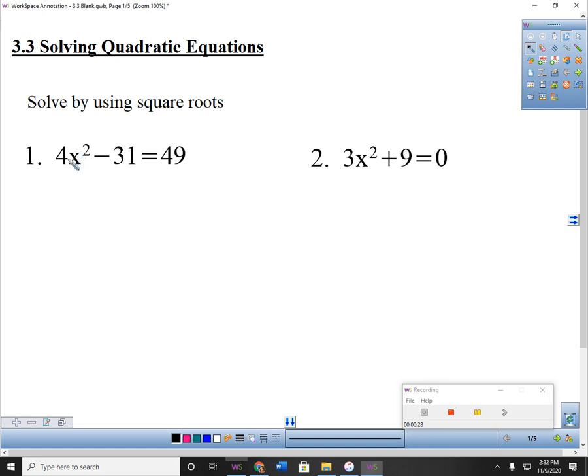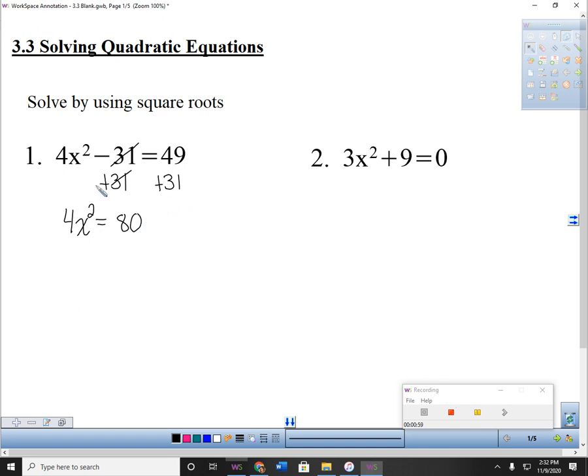So if I want to solve for x, it's kind of like those Russian nesting dolls, right? You have to undo the stuff on the outside before you make it to the actual x. So I'm going to add the 31. This is just solving for a variable. So I have 4x squared is equal to 80.